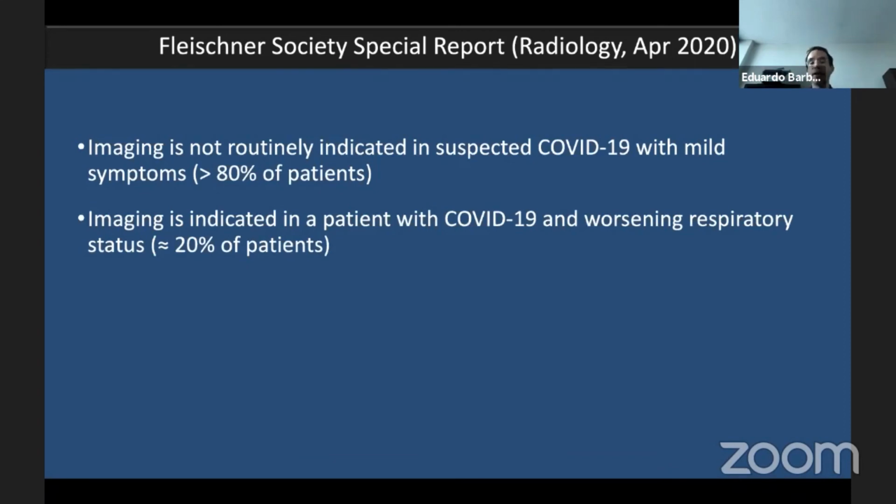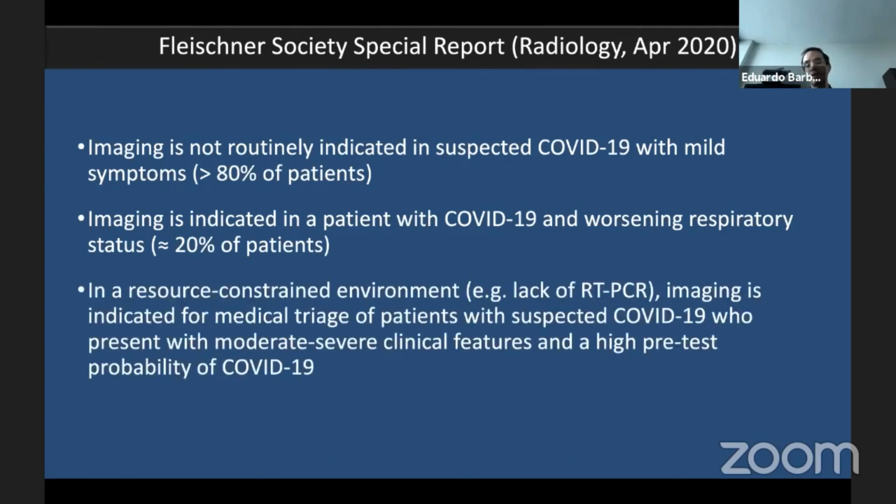And they specifically say that if you happen to live in a resource-constrained environment, for example, if you have a lack of enough PCR tests, then imaging can be used for triage of patients with suspected COVID-19, especially if you have moderate to severe clinical features and a high pretest probability, meaning that you have a high incidence.